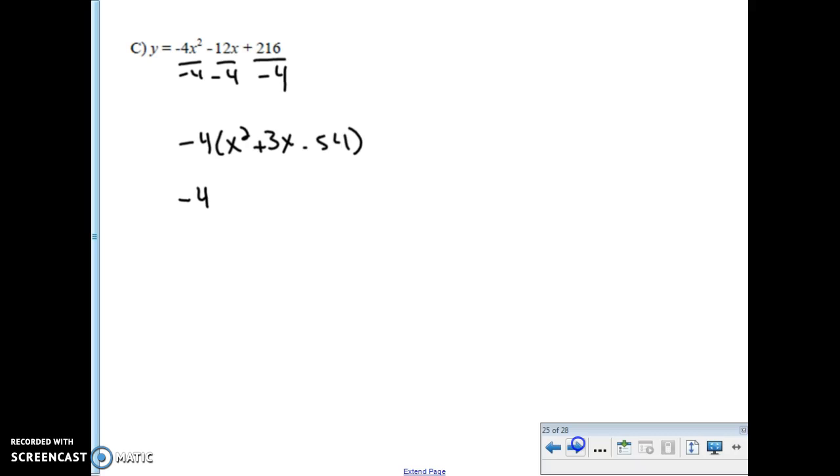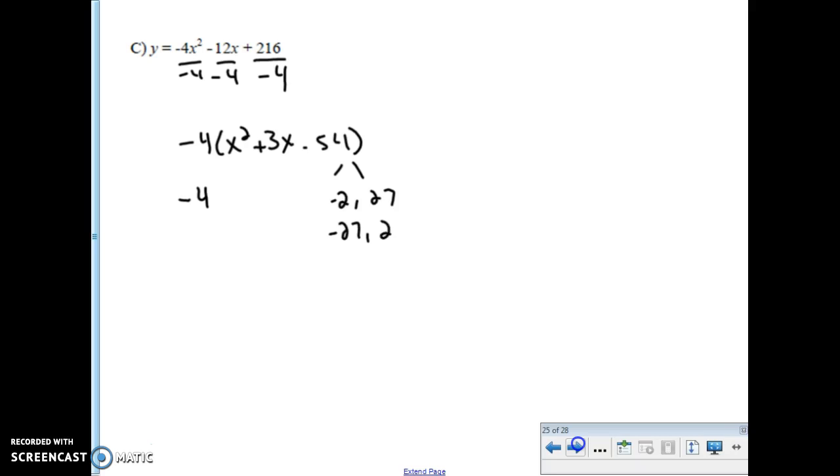Now I'm looking at the negative 54 and thinking about what gets me negative 54. Well, I know 2 and 27: negative 2, positive 27, negative 27 and 2 gets me that.